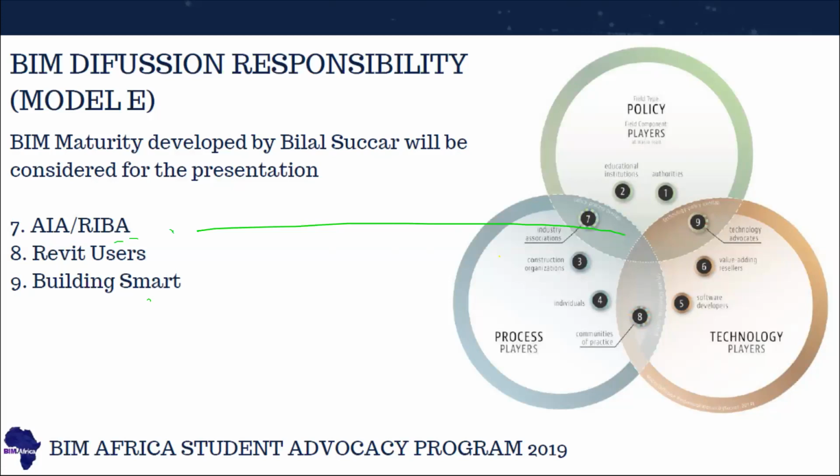Then we have people 8, technology and process. So it could be the Revit users, the people who actually use Revit, in between technology and process. And then you have people at 9 who are technology advocates. They're people who understand the entire process. So they could be like buildingSMART. So they're technology advocates.